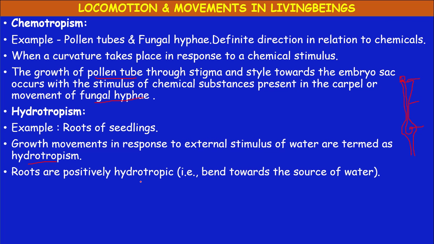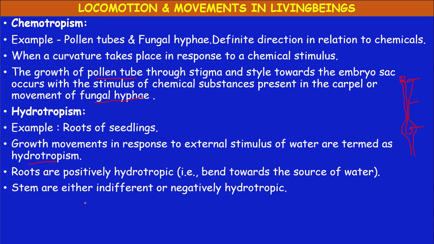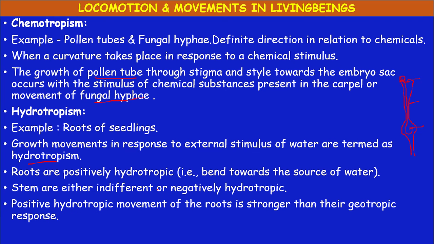Roots are positively hydrotropic, so they bend towards the source of water. The stems are either indifferent or negatively hydrotropic. The positively hydrotropic movement of the roots is stronger than their geotropic response.